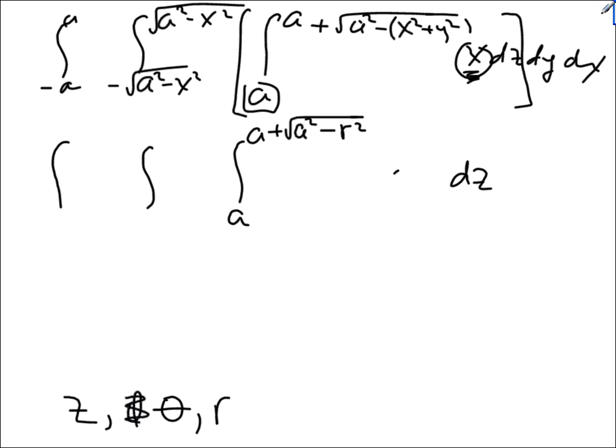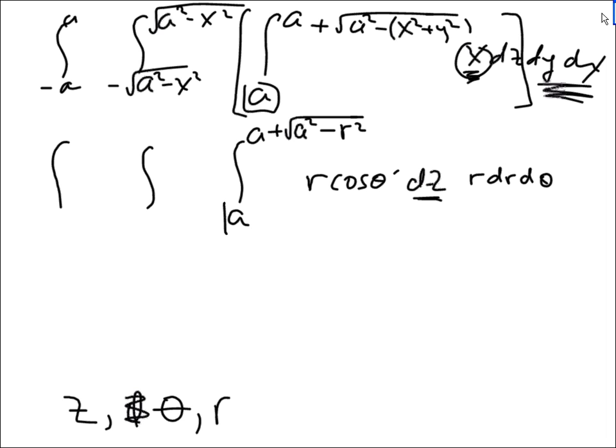Now, x is r cosine theta, and dy dx becomes r dr d theta. So dz is the first integral, which means these limits are z's. And now we have r, and then we have theta.